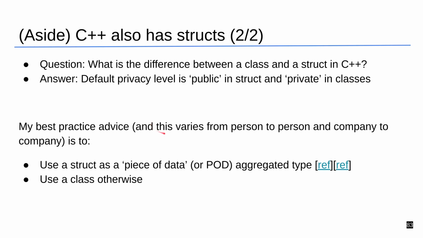So my best practice advice, again, this varies from person to person, company to company, is you use structs as a piece of data or just an aggregated type, and then you use a class otherwise by default in C++. So that'll sort of be my rule of thumb. Again, it can vary, but that's what we will do in this course.